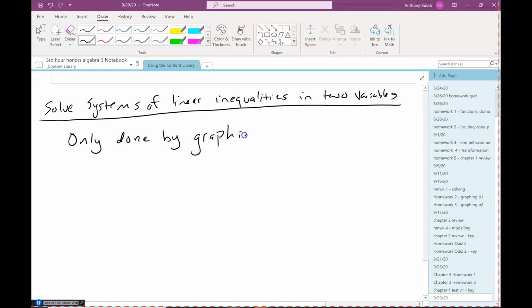So when we do this, we're only going to use graphing to do it. Actually, let's do that.